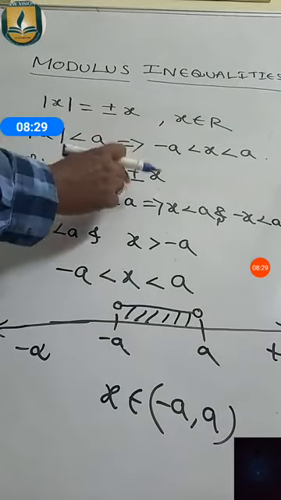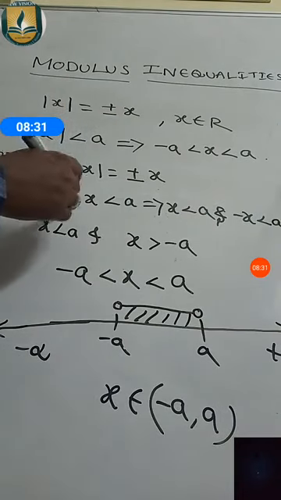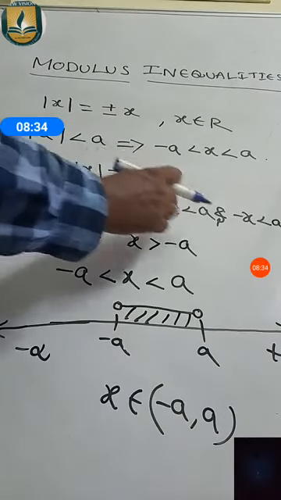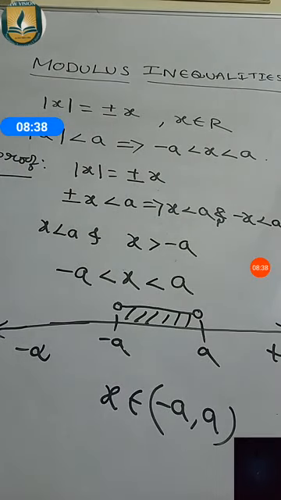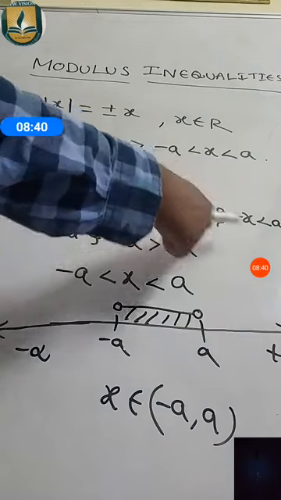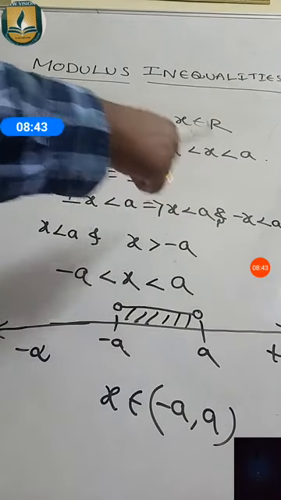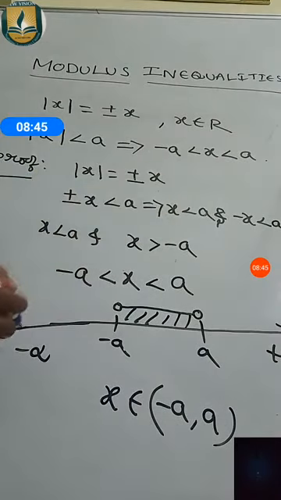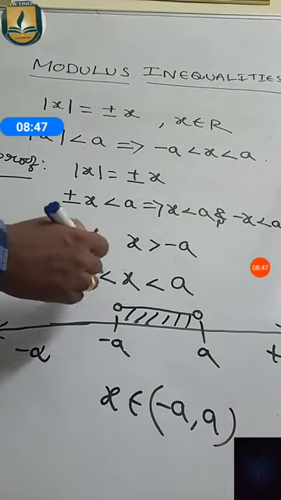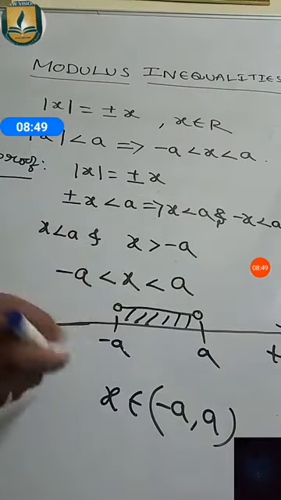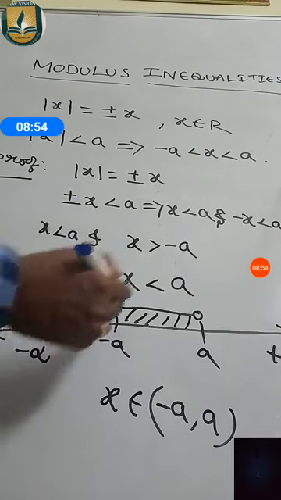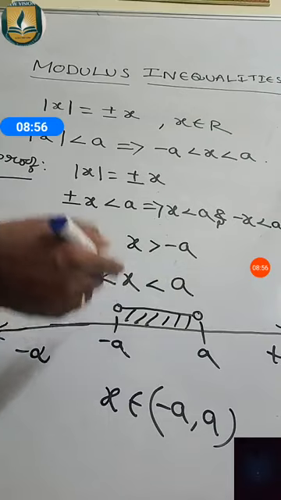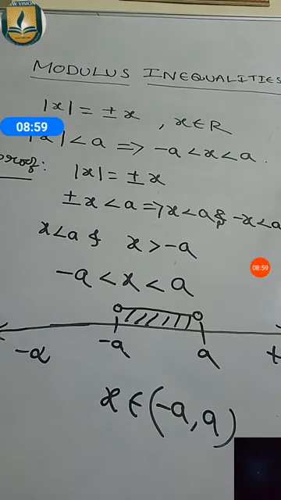Modulus of x is plus or minus x, and plus or minus x less than a means x less than a and minus x less than a. Multiplying by a minus sign on minus x less than a, we get x greater than minus a. Clubbing these two together, minus a less than x less than a. We can show this on the real number line, minus infinity to plus infinity, with minus a and a; the portion between them is our required answer.